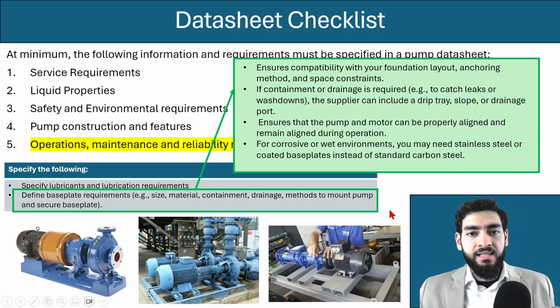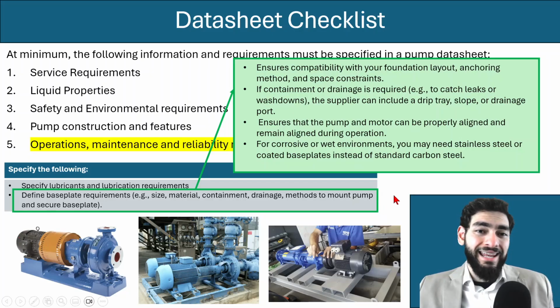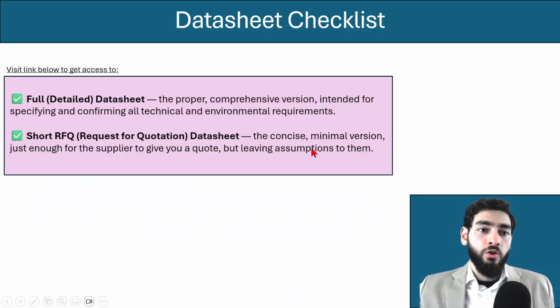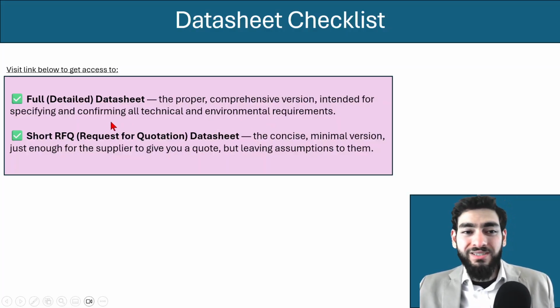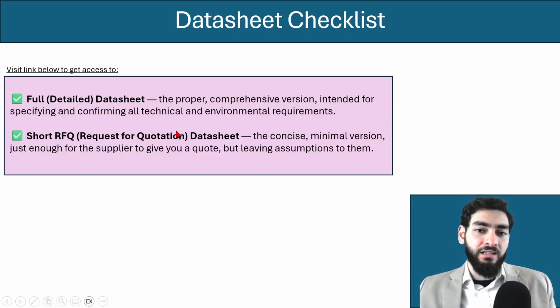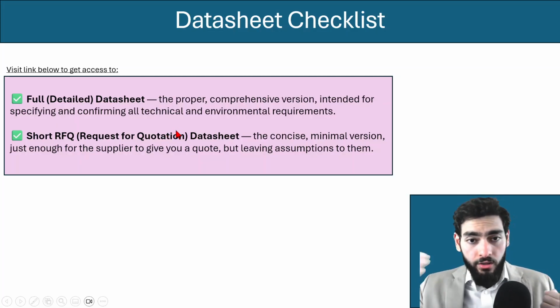And this is just a quick overview of the different sections you would typically find in a pump datasheet. So you can visit the link below to get access to the full detailed datasheet, the more comprehensive version, which is intended for specifying most, if not all, the technical and environmental requirements that we just talked about.